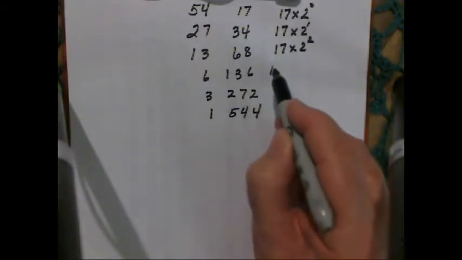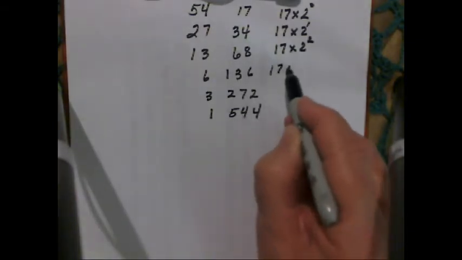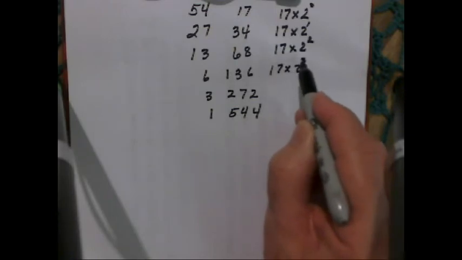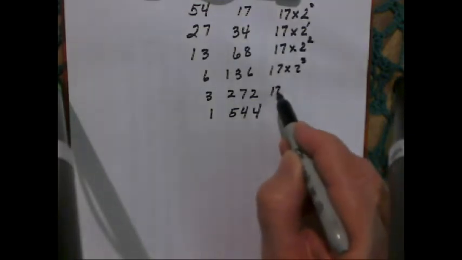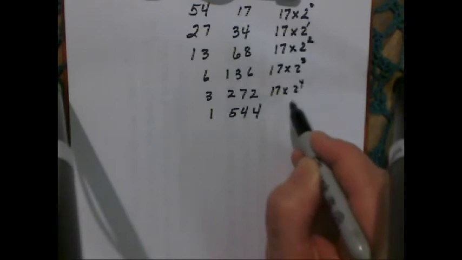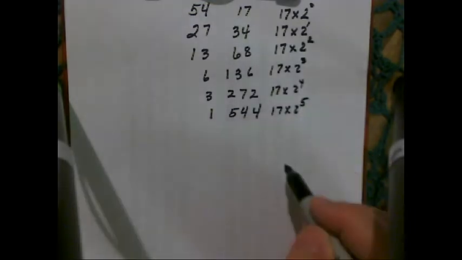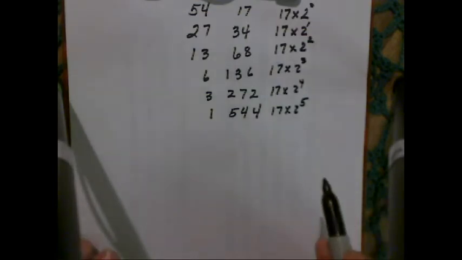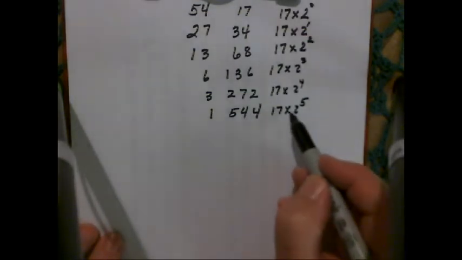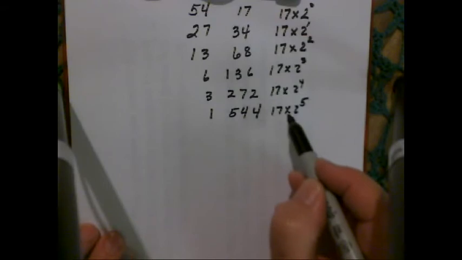And in the same way, this 136 would be 17 times 2 cubed, 17 times 2 to the 4, 17 times 2 to the 5th power. These numbers are always equal to what's immediately to their right.